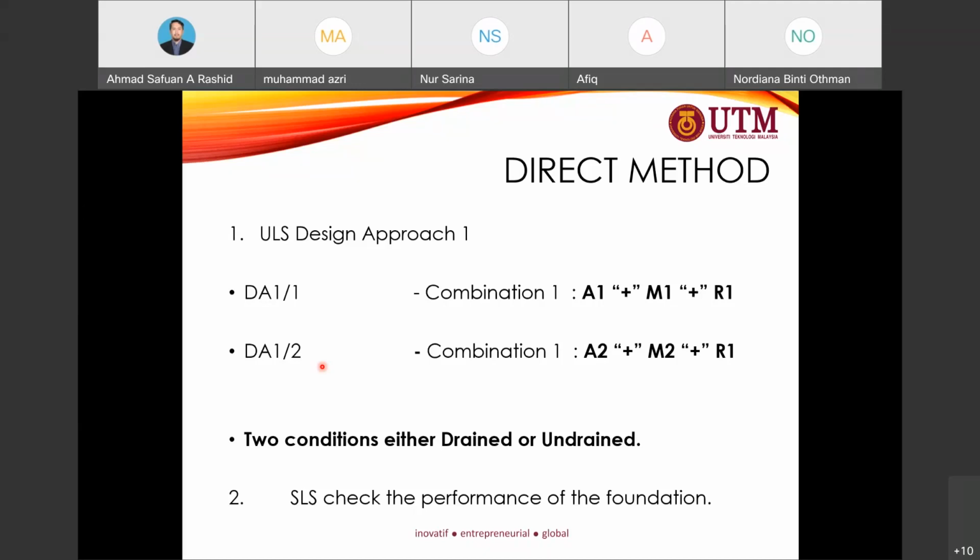So SLS checks the performance of the foundations. ULS is to check the failure condition, and SLS is to check the performance of the foundation.